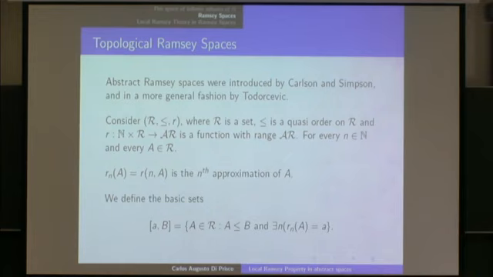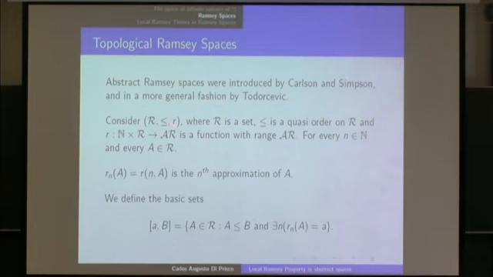So we have a set R, a quasi-order defined on R, and a function, small r, which we will refer to as the approximating function for elements of R.